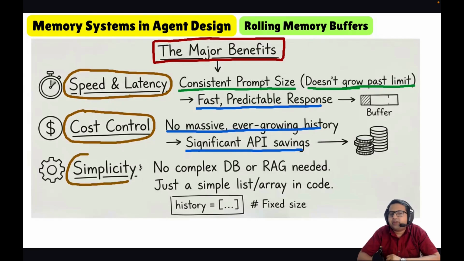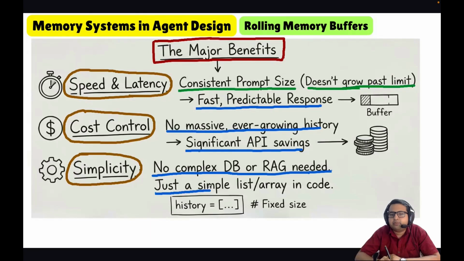The third major benefit you will get because of rolling memory buffers is simplicity. Rolling memory buffers are based on the principle of FIFO, first in, first out. So the implementation is very simple. It requires no complex database or external search like RAG, retrieval augmented generation.